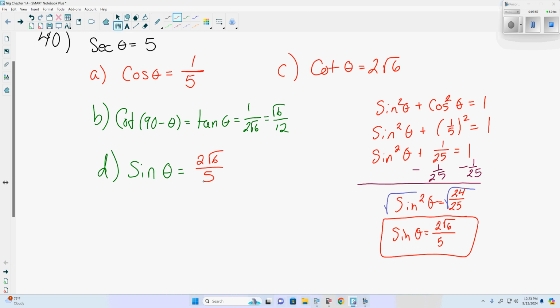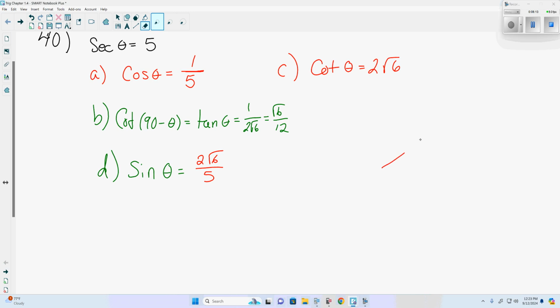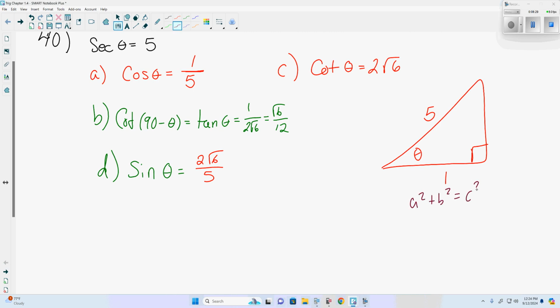Questions on 40? So if it doesn't give us nice ways to get there, this is one way that we can do that. Another way we could have done this: make a triangle, theta, cosine adjacent over the hypotenuse. And if we use Pythagorean's theorem, a squared plus b squared is equal to c squared.